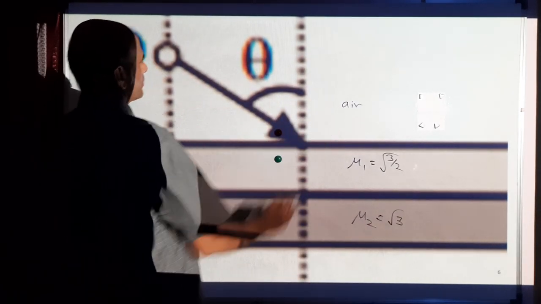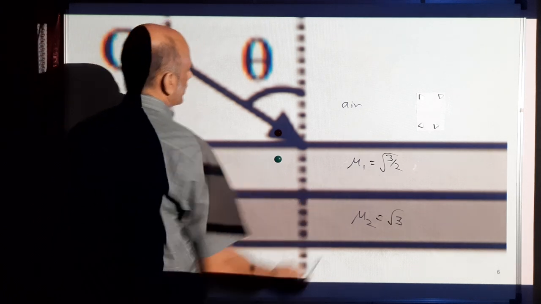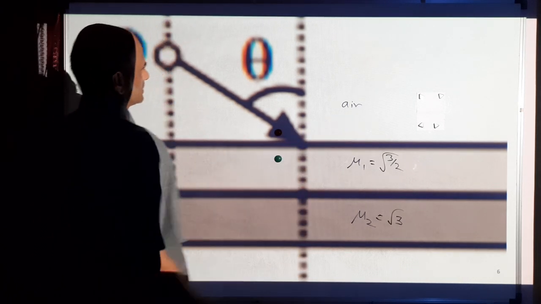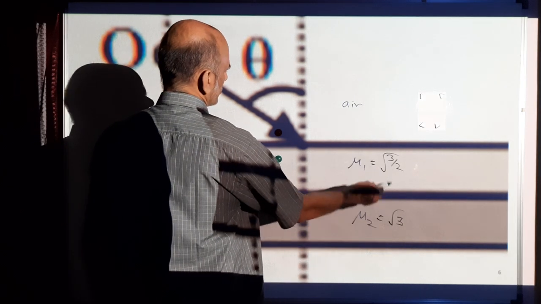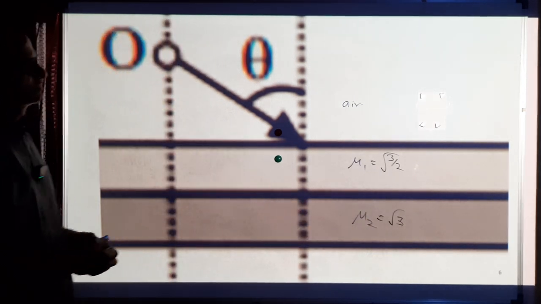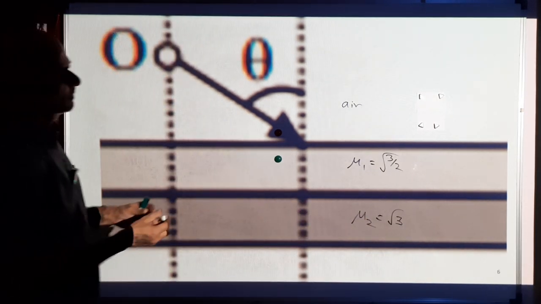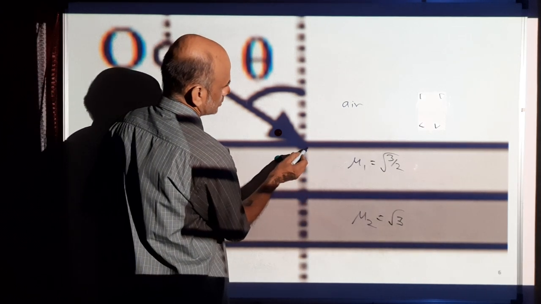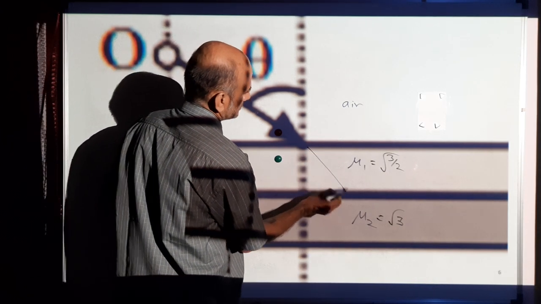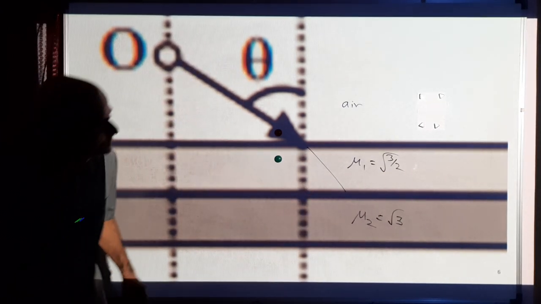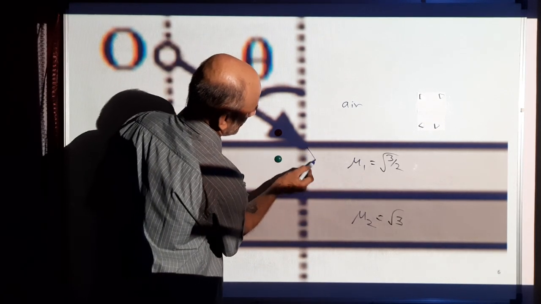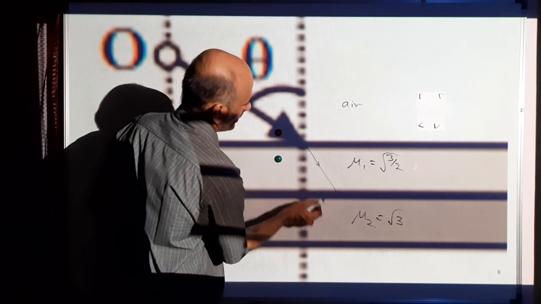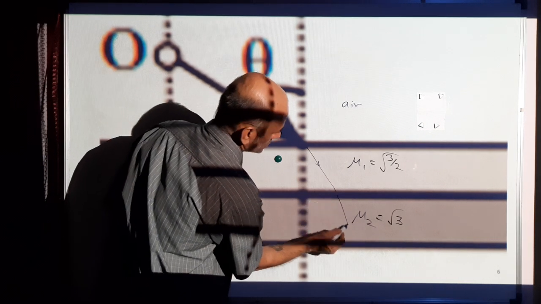The refractive index here is 1, so this is square root of 1.5. So this is denser compared to this one. This 1 is the same as square root of 1, and this is square root of 3, which is more than this one. So this is still denser. So the light ray will go closer towards the normal compared to the previous medium, and here we will still go closer to the normal.